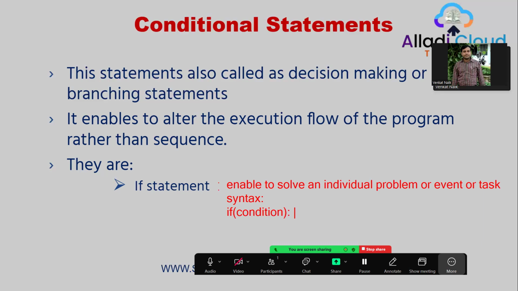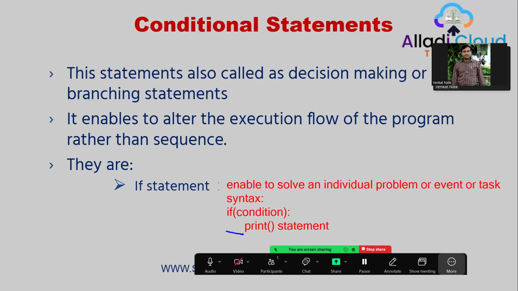After the colon, if you would like to write the body of the statement, the body will start after one tab. Here you are going to write a statement, a print statement, or anything, but you write the code after one tab.